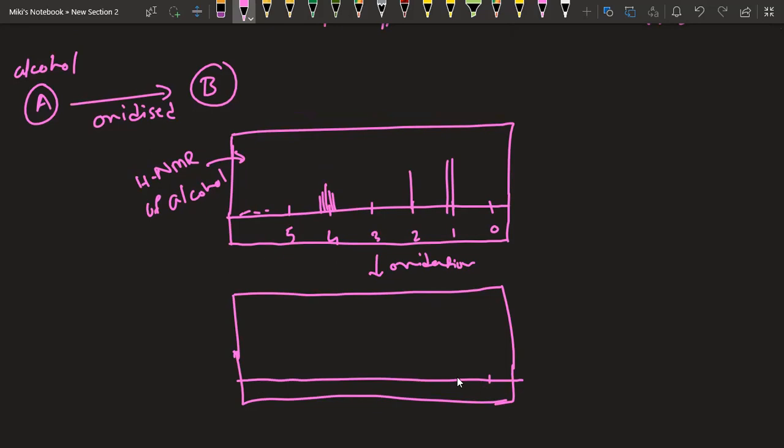So we have 0, 1, 2, 3, 4. Okay, so 0, 1, 2, 3, 4. Now this is for HNMR for our component B, okay? That was for component A. Now here we have a reading at 2.